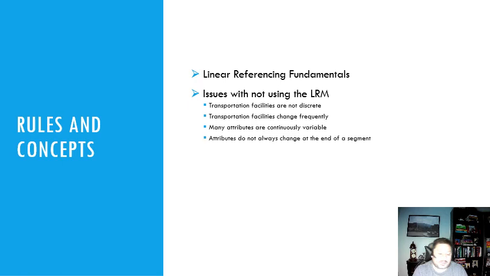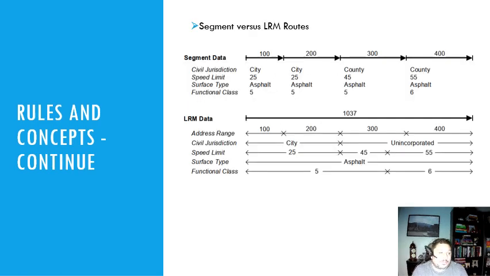So roadway elements such as signs are point entities that may also need to be included. How can that be done with segment-related design? Segment-related design is shown in the first example, and the linear referencing model data is shown in the second example.